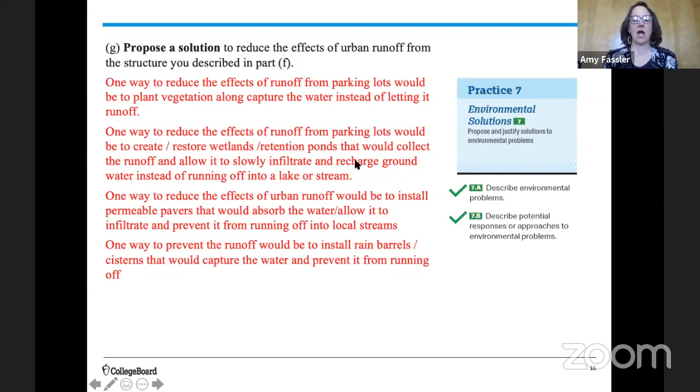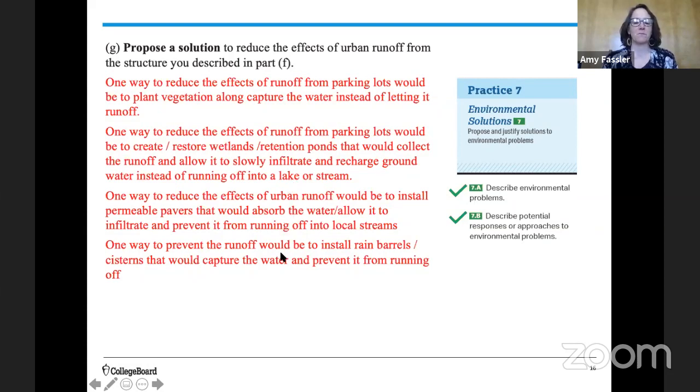I could have some type of retention pond or wetland, or just like a pond, a big area to capture or collect all that water and let it slowly infiltrate before it reaches surface water like a lake or a stream.